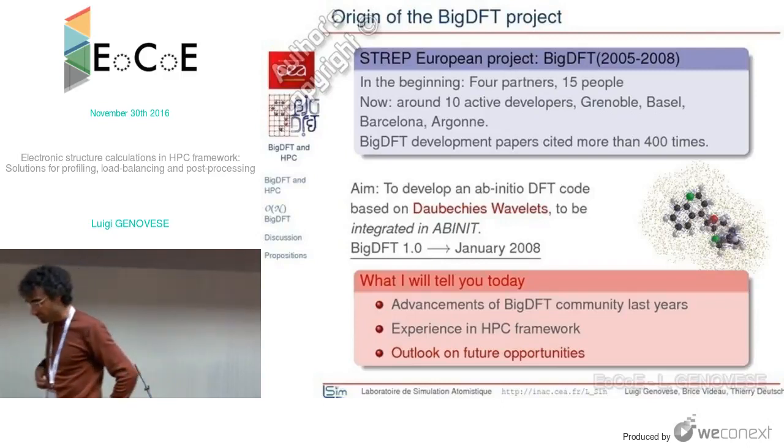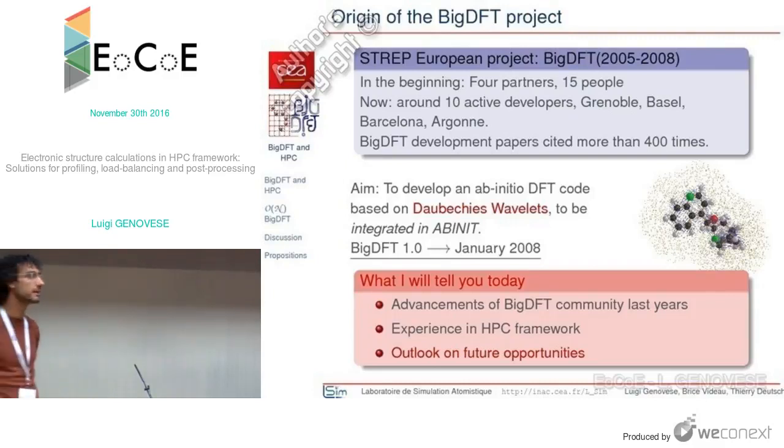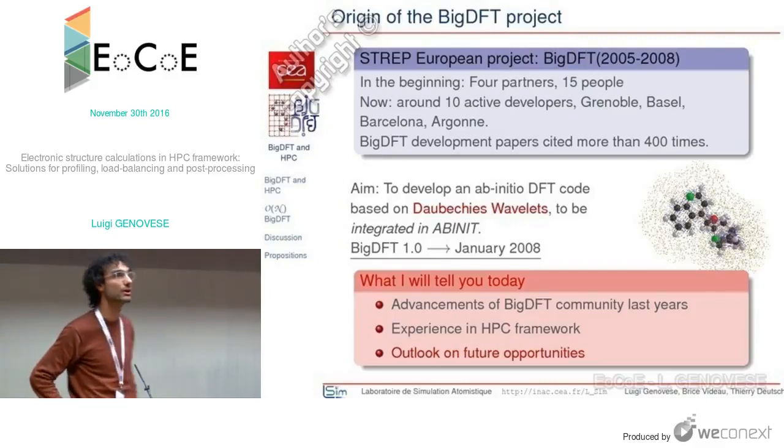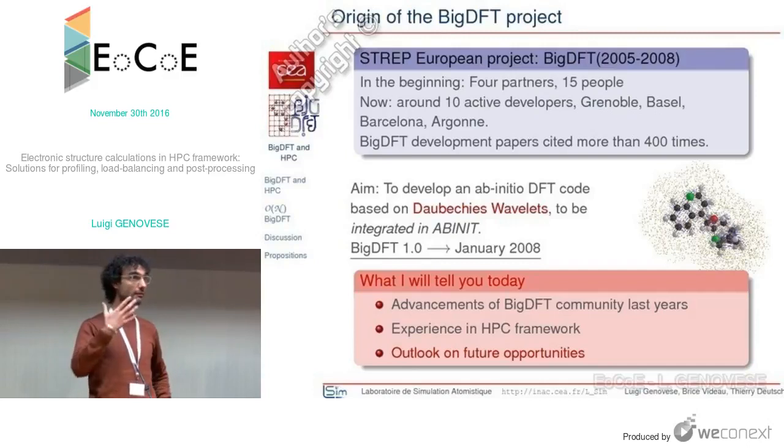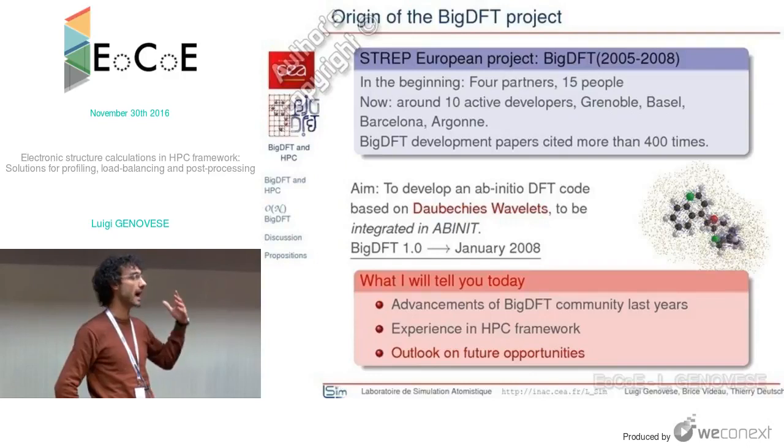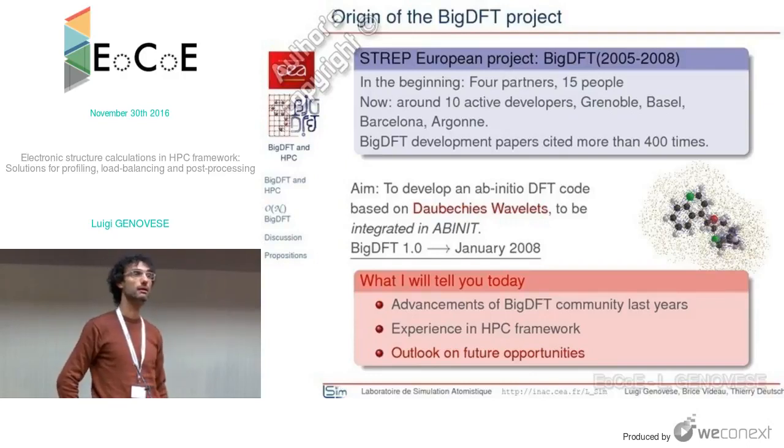So this adventure started 10 years ago, as I said, and gave us the opportunity to gather different experiences and to get several know-how about the future opportunities that a high-performance computing environment might provide to us.